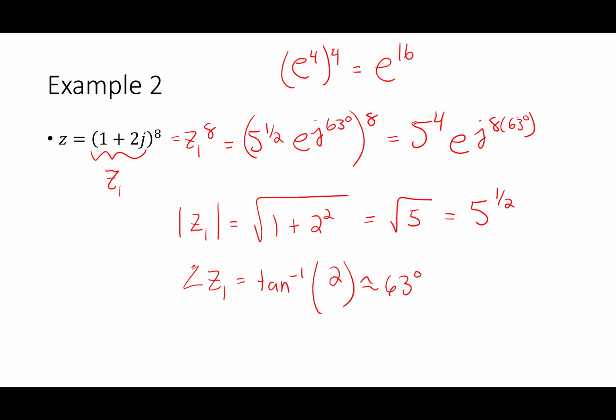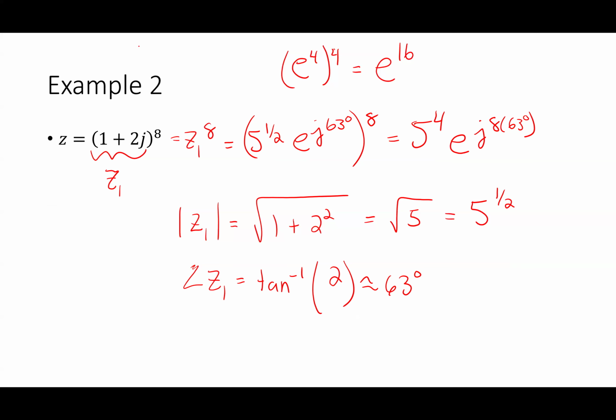Okay. So I could easily do that in MATLAB. In fact, in MATLAB I could just say 1 plus 2j, caret 8, and it would be done. All right. But you should be able to calculate it by hand, to know how to go through those things. You need the intuition to be able to do it. All right. Are you raising the J? I'm raising e to the power of j times the angle.